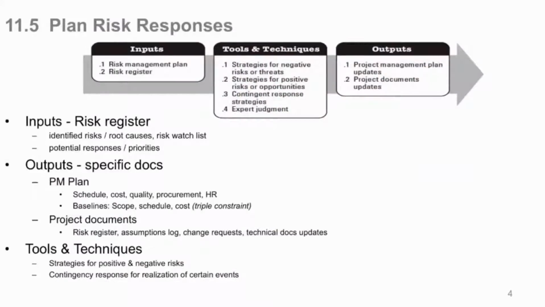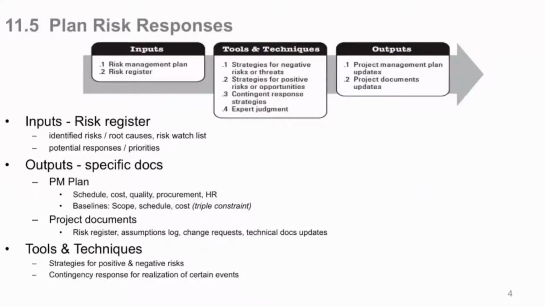The outputs are very specific documents. The project management plan would be updated possibly. Basically your schedule, cost, quality, procurement, HR, a number of plans could be impacted because of risk and the way you're going to use that information to plan your responses. Your baselines also, scope, schedule, cost, your triple constraint may very well be of deep value to you as you're doing your responses, because whatever your responses are going to impact something because it's out of the ordinary.